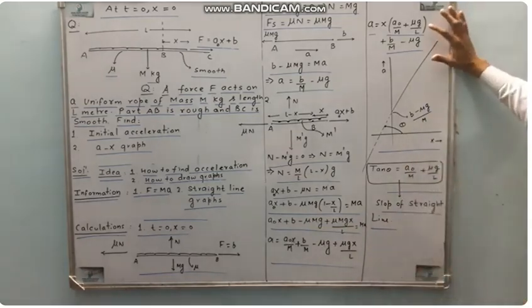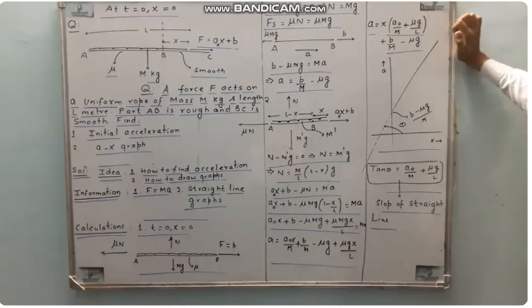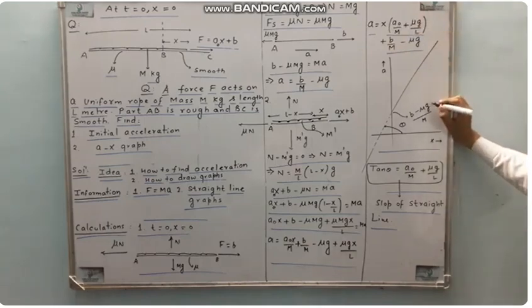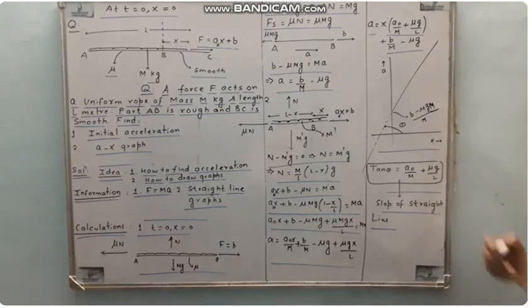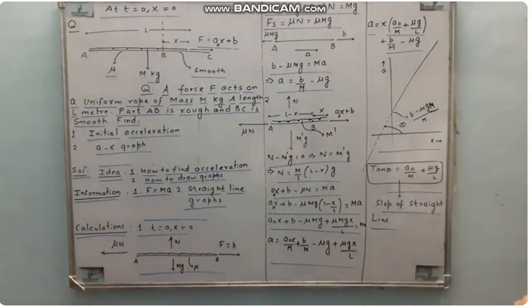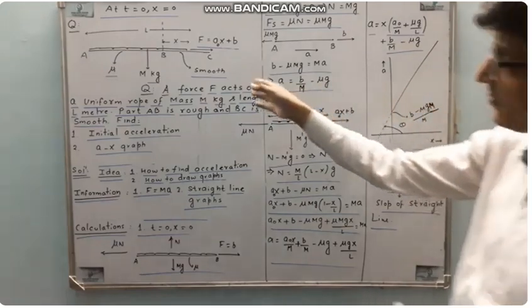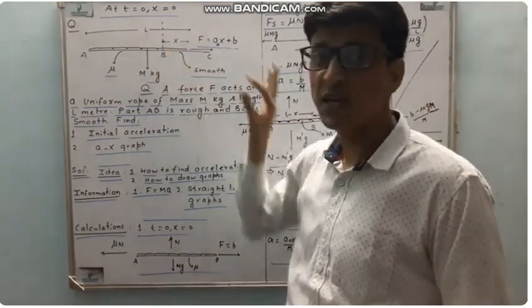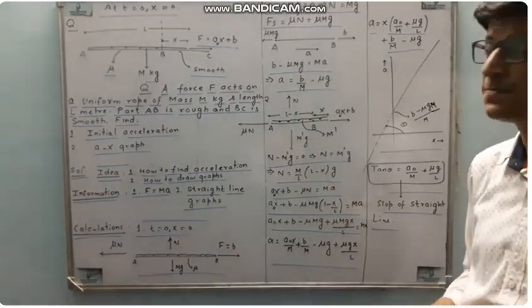This is simply the equation of a straight line with intercept B minus mu mg by M. Slope will be positive because we have assumed that all the parameters taken here are positive. So that will be a straight line graph. I have drawn this as dotted because when motion starts, x will not be negative, it will start from 0. In this way you can solve your question quickly.